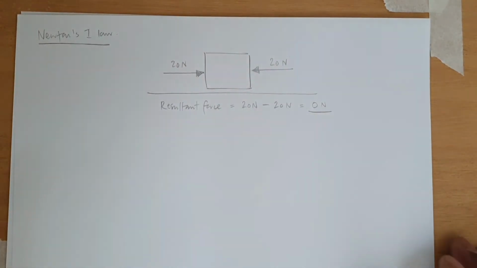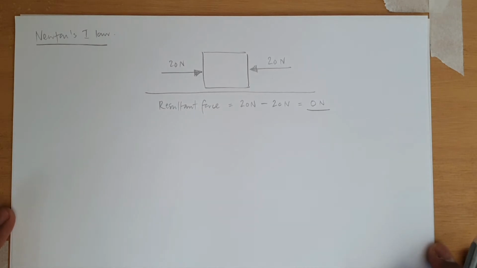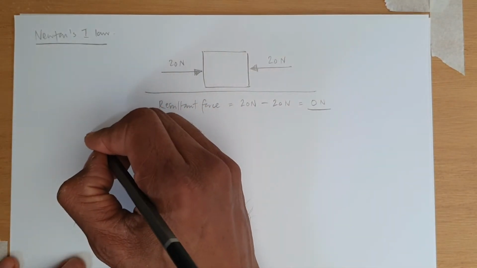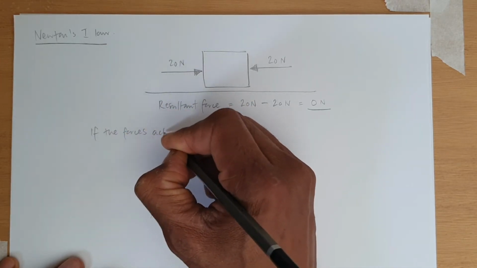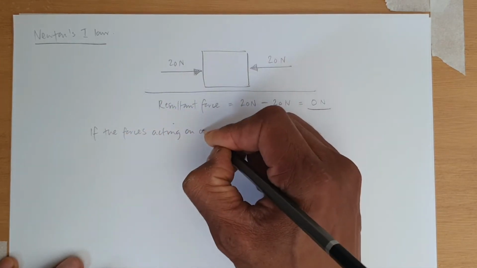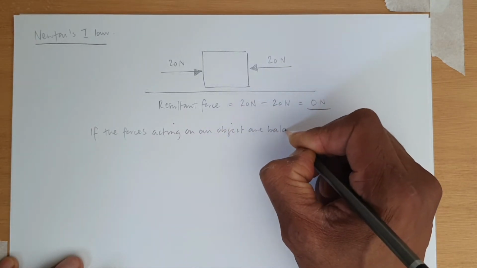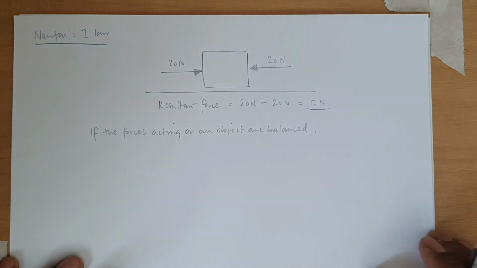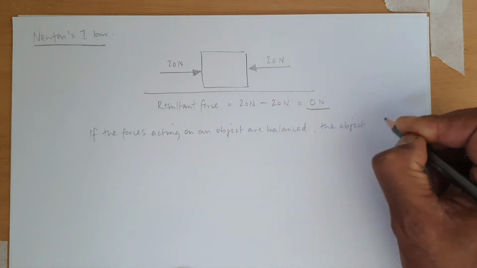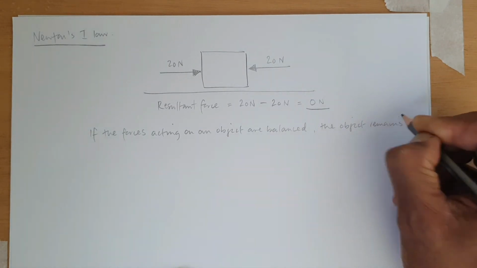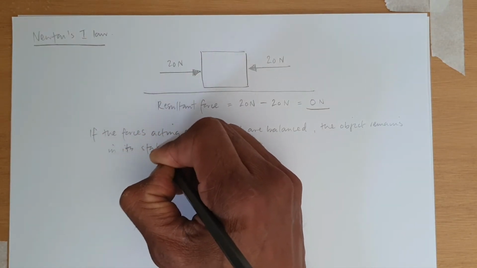And what Newton's first law says is that if the forces acting on an object are balanced, the object remains in its state of motion.